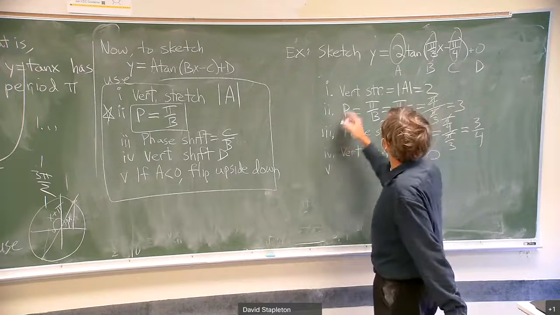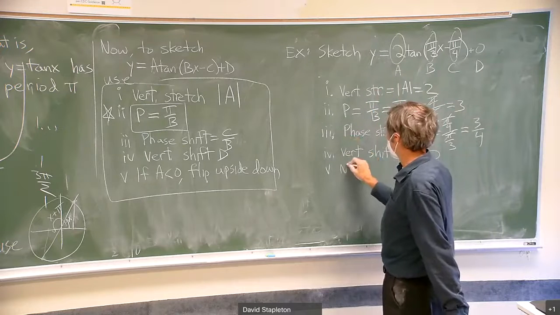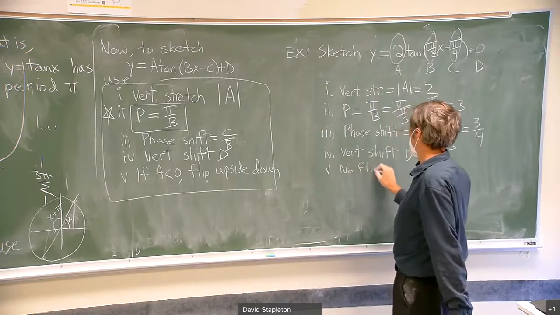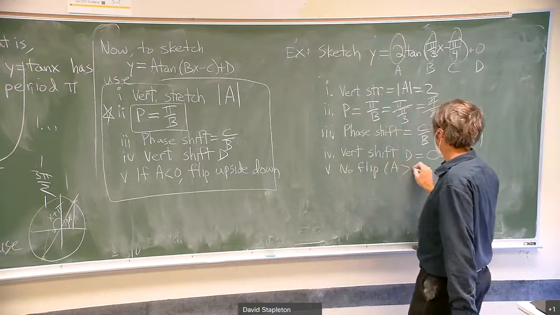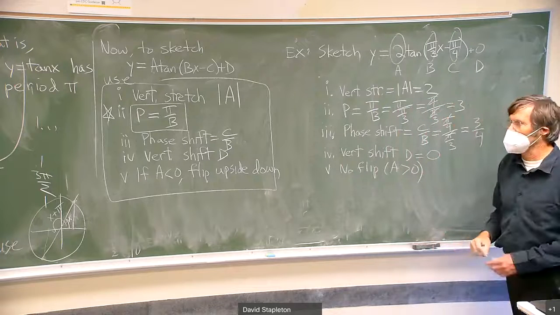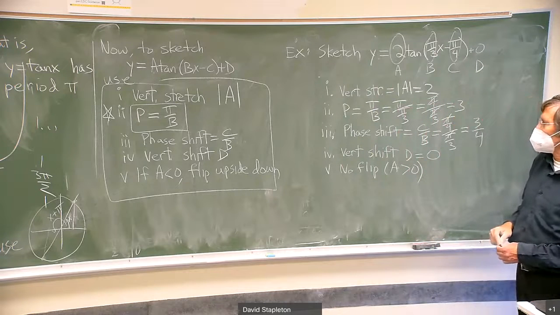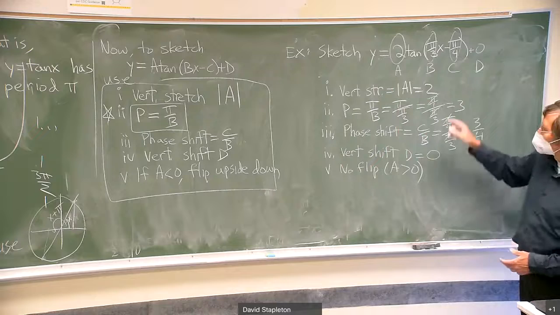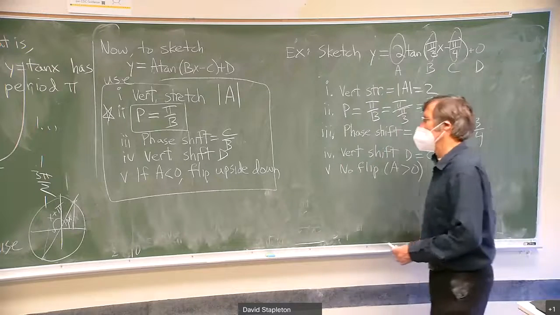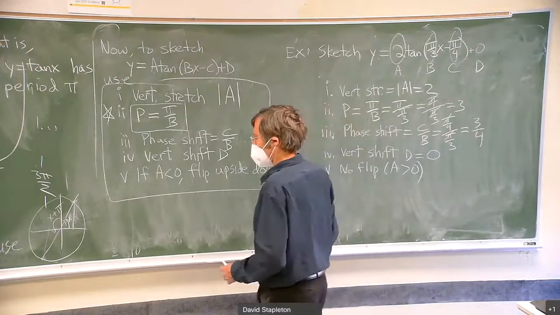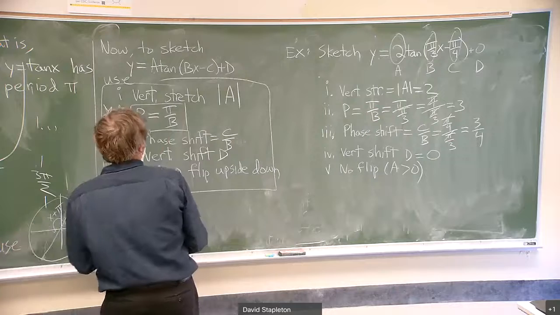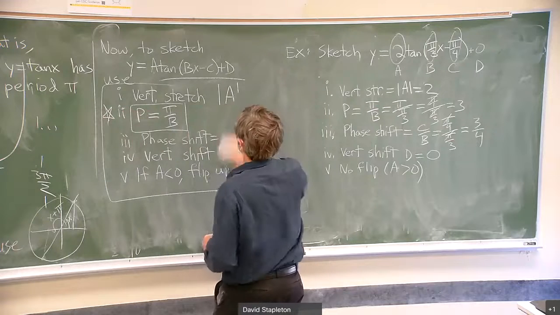And finally, is there a flip? No, because A is positive. And now I can sketch away. The idea is I just am stretching and shifting that squiggle shape for the tangent instead of the sine wave that we were sketching before.